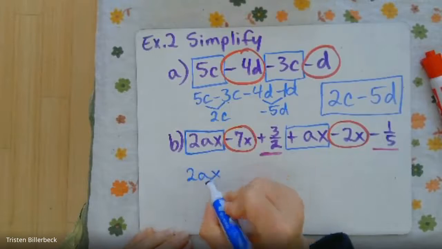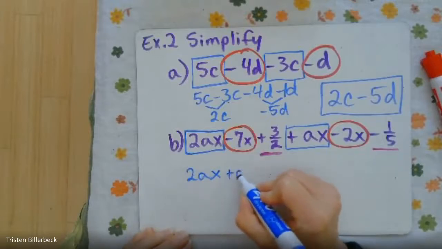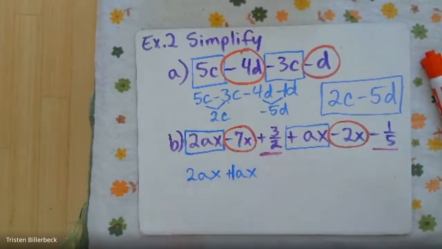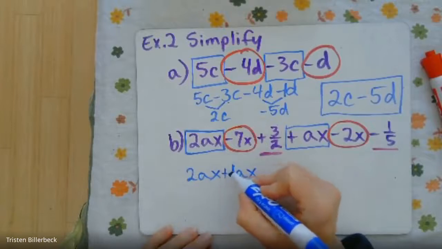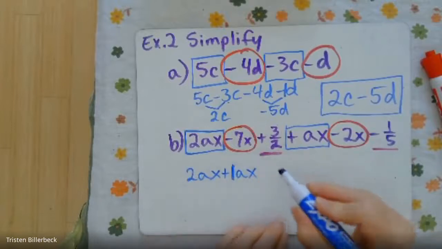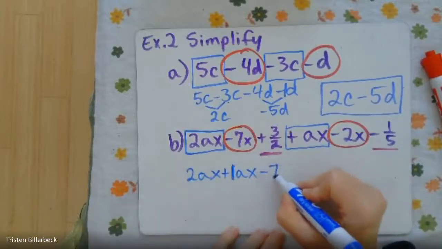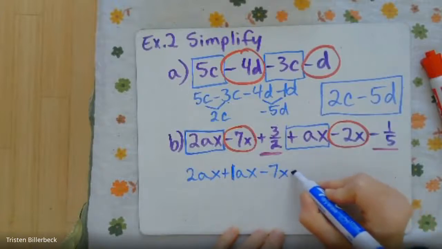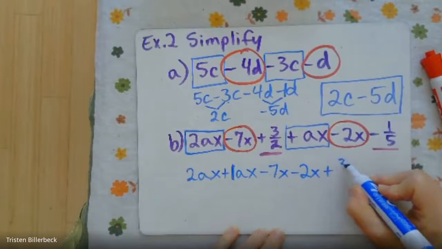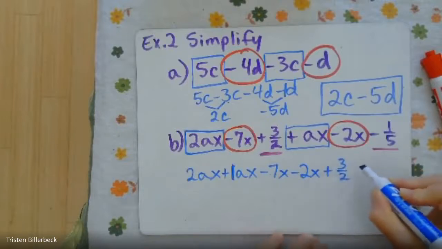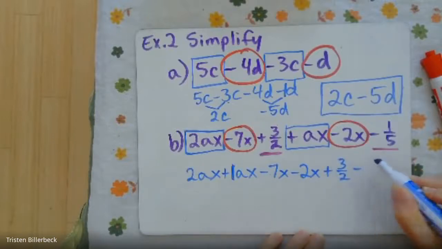So 2ax plus ax, which is really 1ax. Let's make that a nice little plus right there. Then we have minus 7x minus 2x plus 3 halves minus 5 halves.